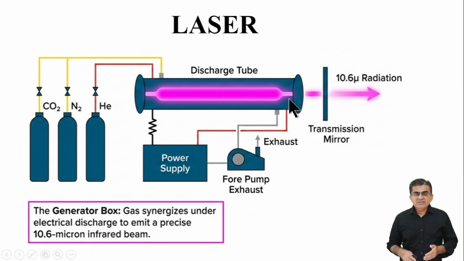This creates a massive chain reaction inside the tube. Finally, a perfectly straight and incredibly powerful beam of light shoots out through the partially open mirror. This single highly intense beam of light is your surgical scalpel.